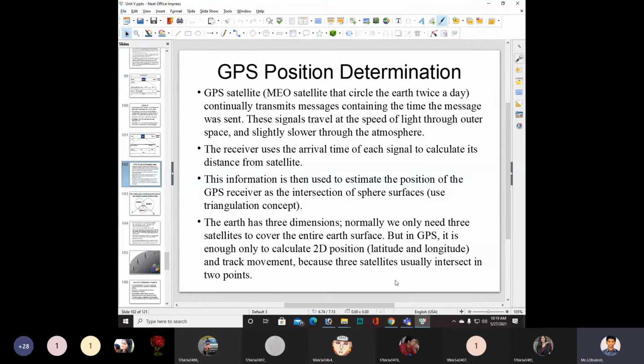These signals travel at the speed of light through outer space and slightly slower through the atmosphere.